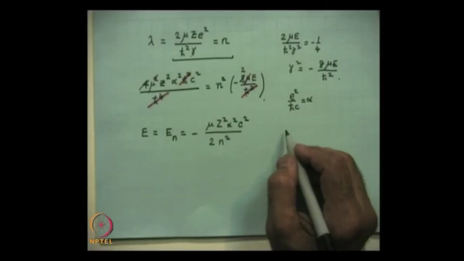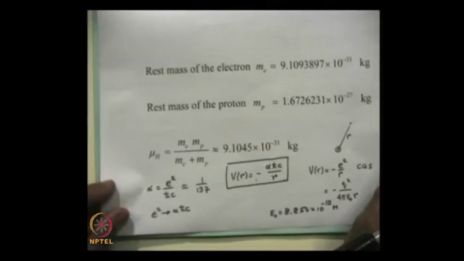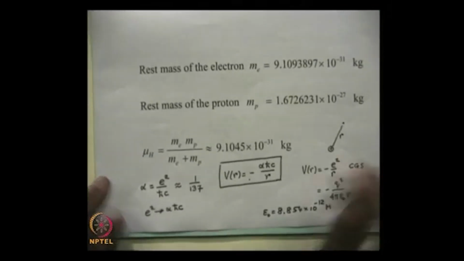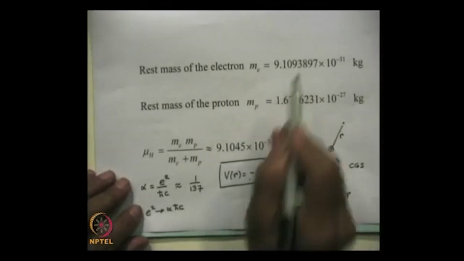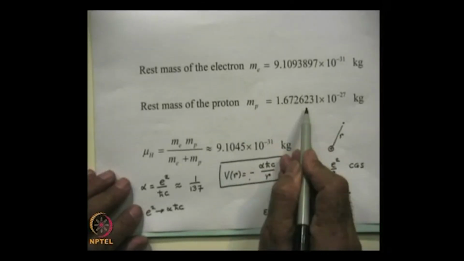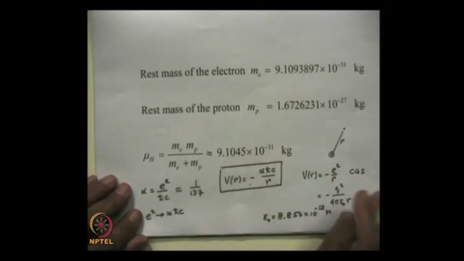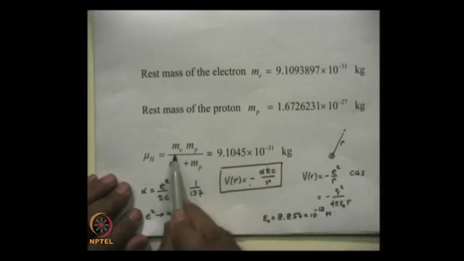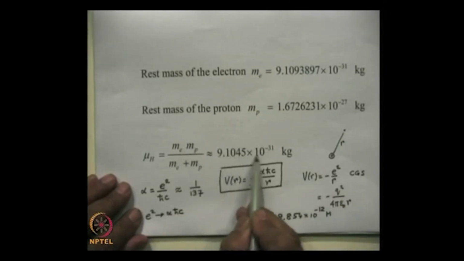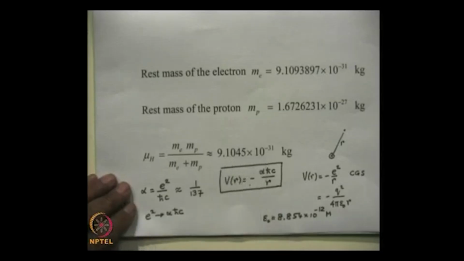As I had mentioned, for the hydrogen atom, Me is the electron mass, Mp is the proton mass. So, for the hydrogen atom, mu H is equal to, you may note, write it down if you feel like, Me Mp by Me plus Mp, which is 9.1045 into 10 to the power of minus 31 kg.